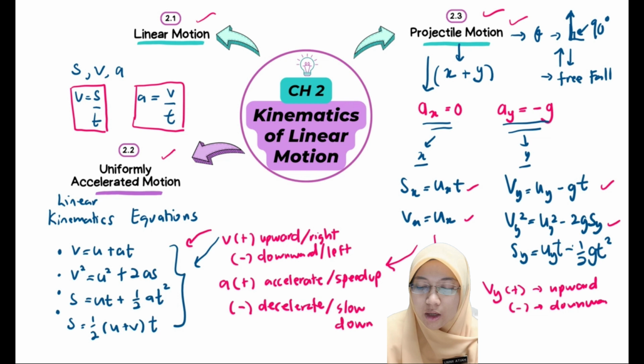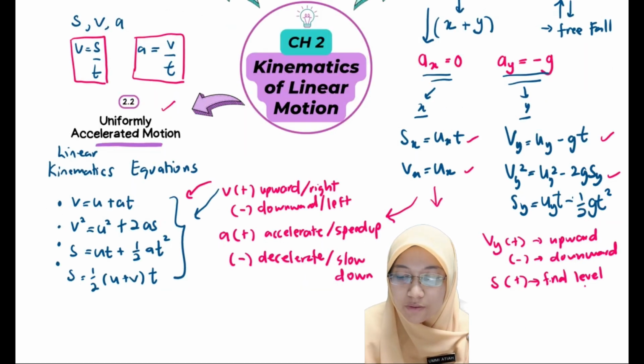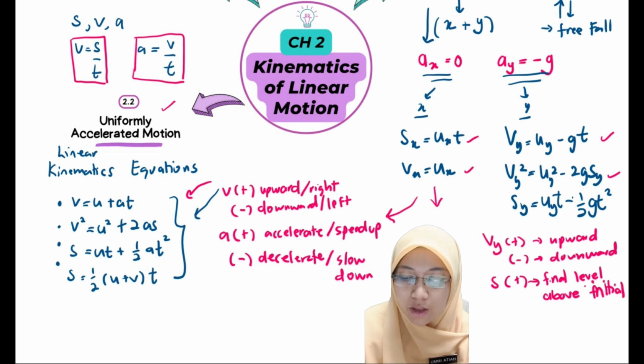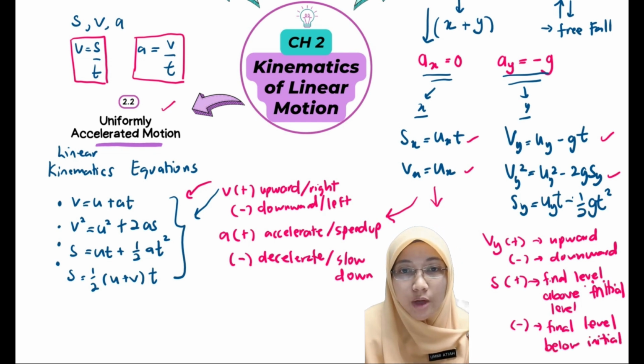For displacement, if sy is positive, your final level is above your initial or starting level. And for sy negative, it means the final level of the object is below the initial level. Final level means where the object stops.